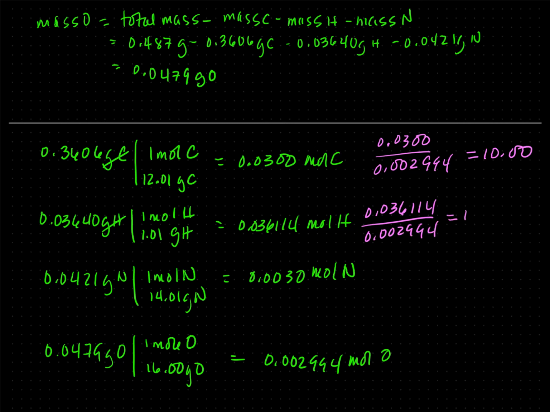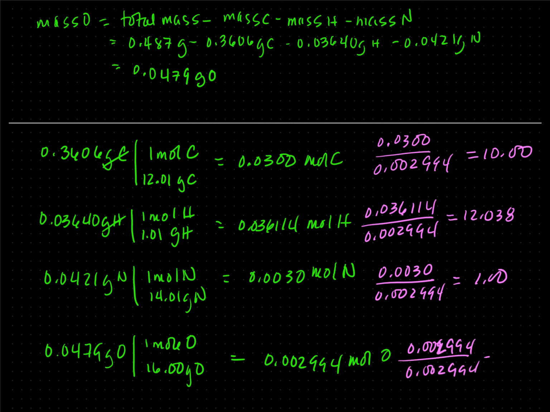This is going to equal 12.038. For nitrogen it is 0.0030 divided by 0.002994, which is equal to approximately 1.00. And then the last one is divided by itself, so it's going to be exactly 1.